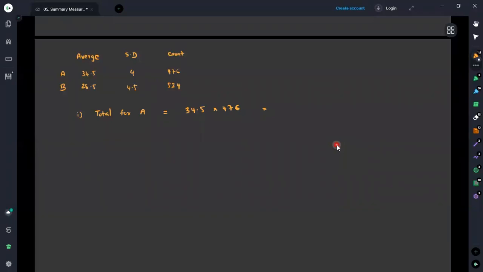Then we can see the amount is 16,422, and we can check the total for factory B. It is 28.5 multiplied with 524.